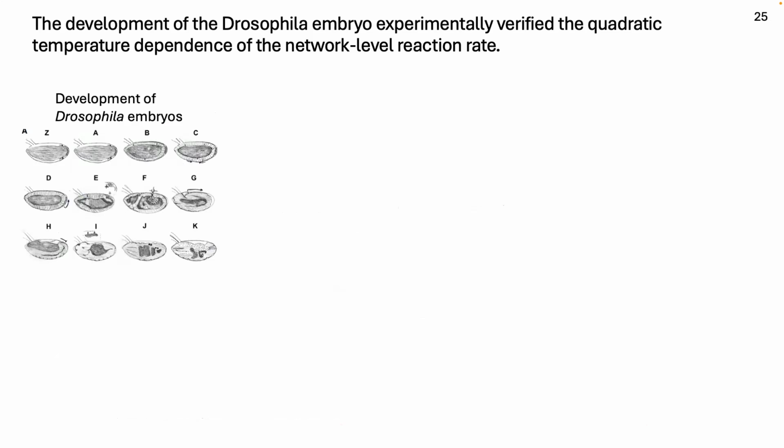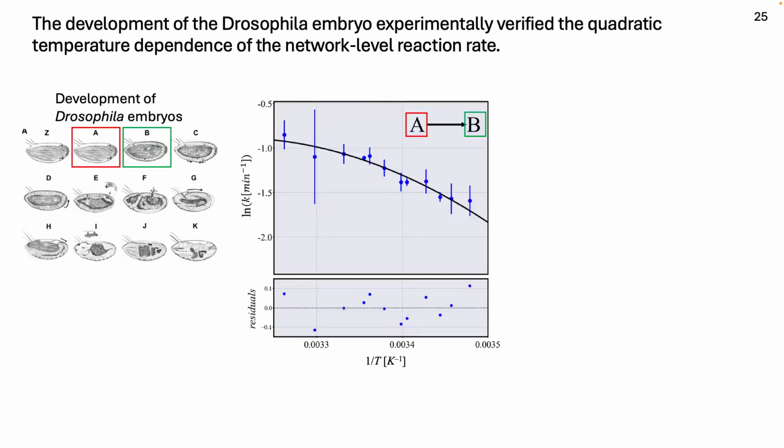And then we compare with experiments on the development of Drosophila embryo. The vertical axis in this figure is 1/time from stage A to B. It's not so separated.